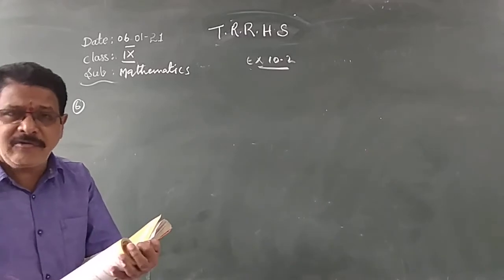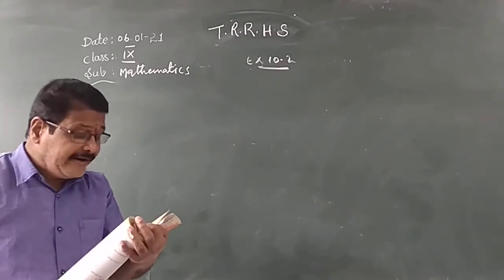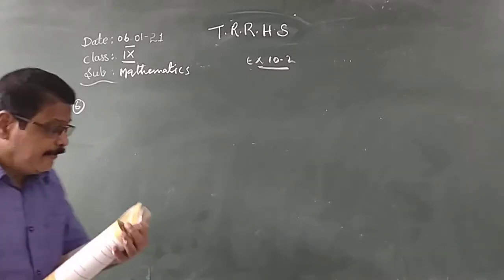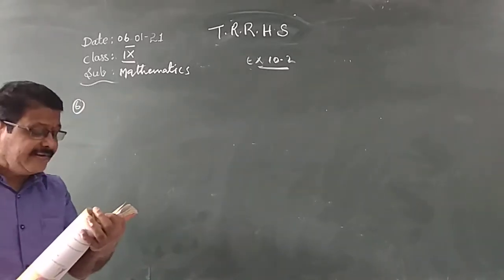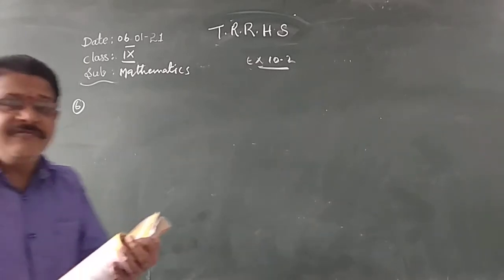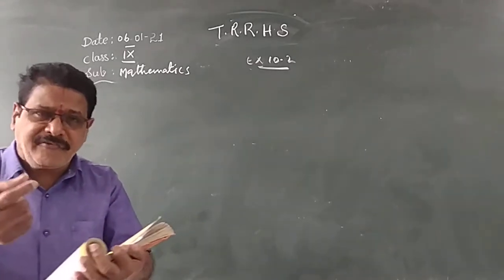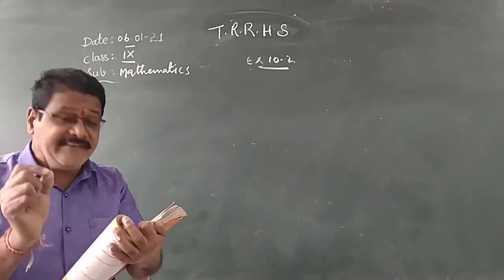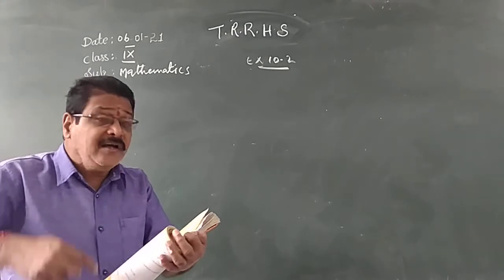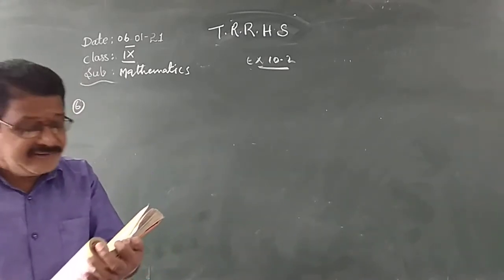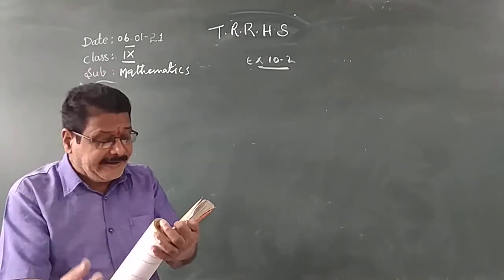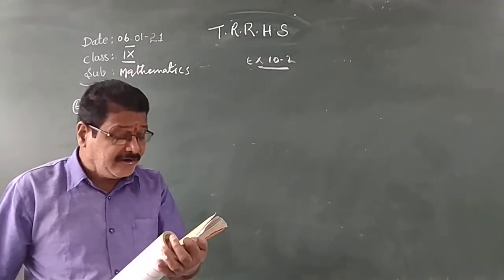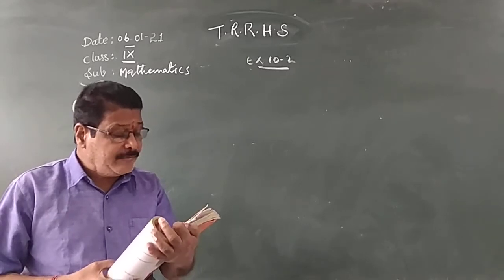Find the cost of painting the curved surface area of all the pillars at the rate of 5 rupees 50 paisa per square meter.